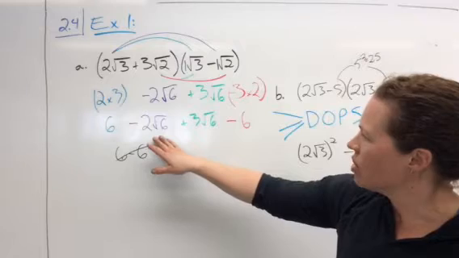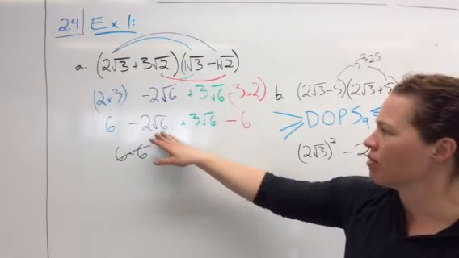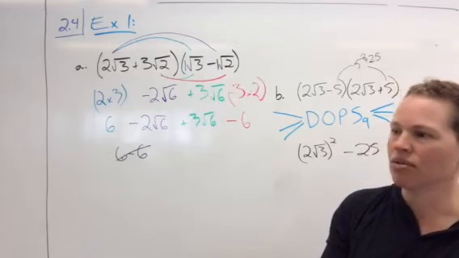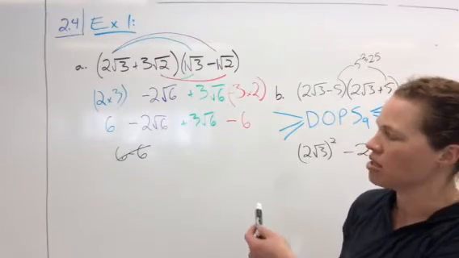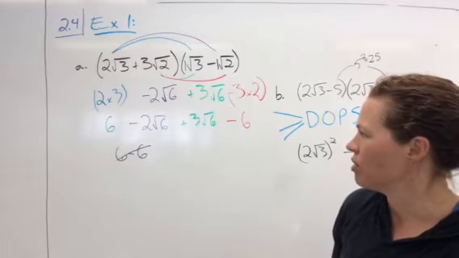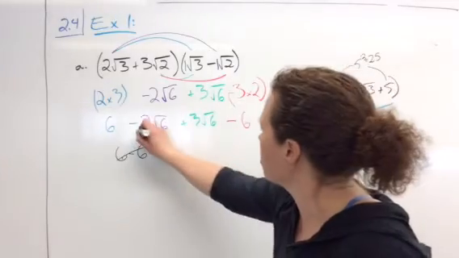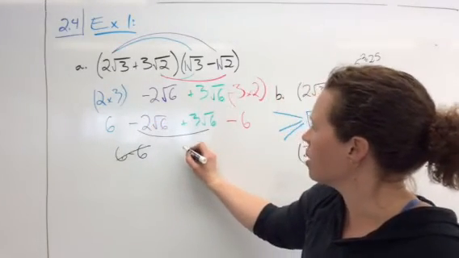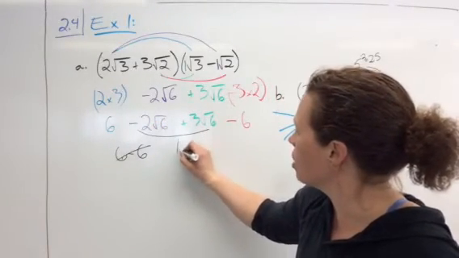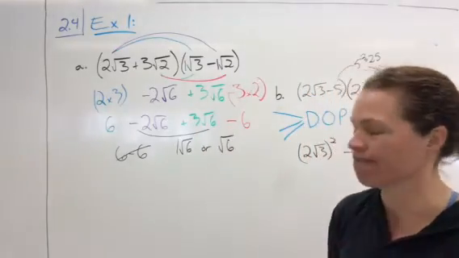And then I've got negative 2 root 6 and positive 3 root 6. Well, if the roots match, then it's just negative 2 root 6 is over here and positive 3 root 6 is over there. So negative 2 and positive 3 gives me positive 1. So the only answer I've got is where I combine these guys, and I'm just left with 1 root 6, or you could just write root 6.